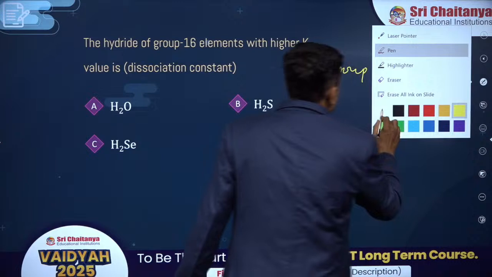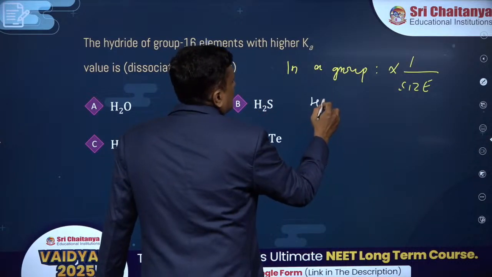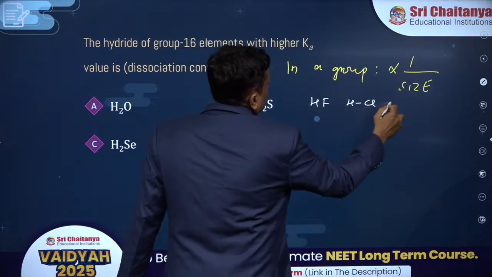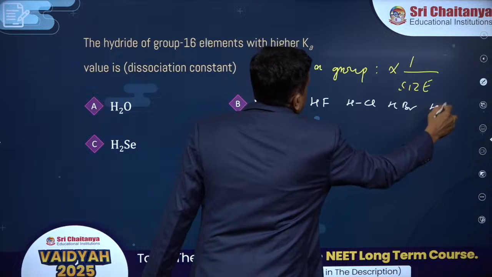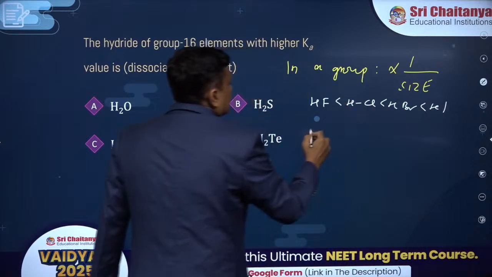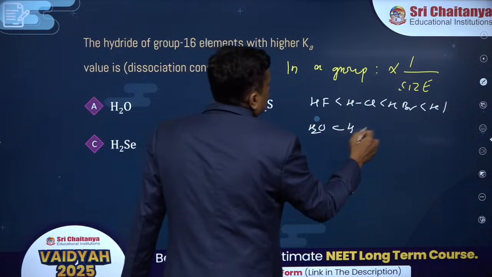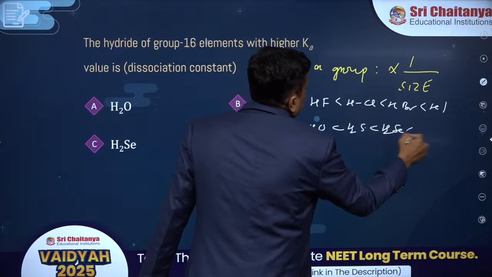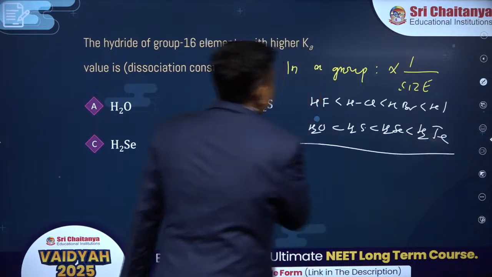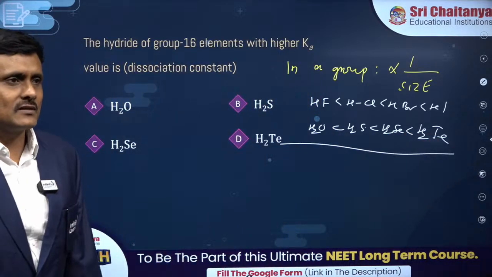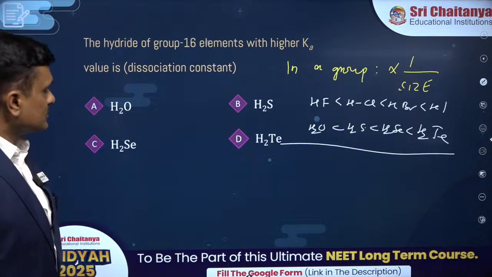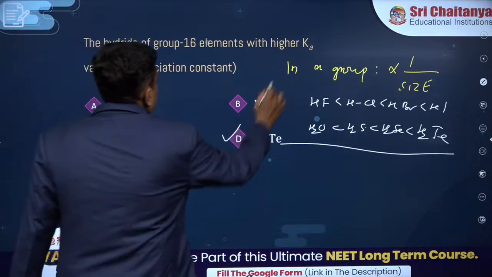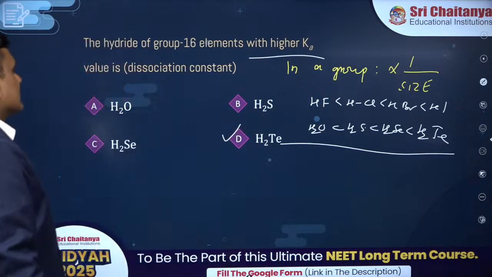What I mean to say is that among HF, HCl, HBr and HI, whichever is bigger is more acidic. H2O, H2S, H2Se, H2Te: because in the oxygen group tellurium is the bigger one, the right answer is H2Te. Good, because higher the acidic strength, higher is Ka.